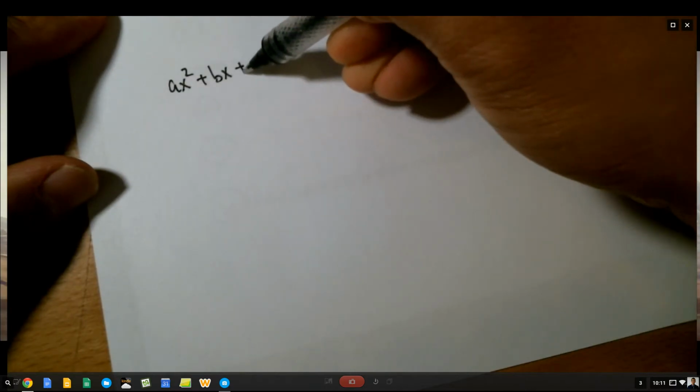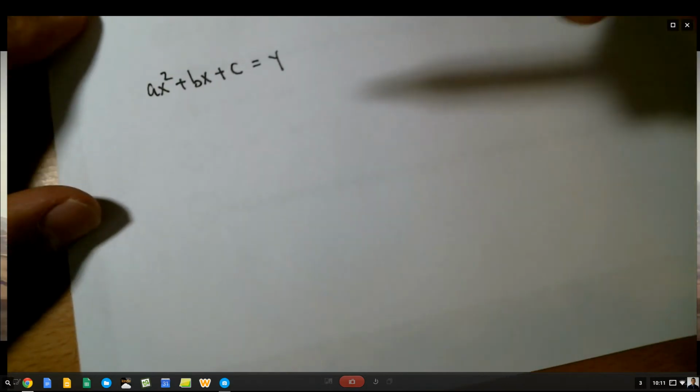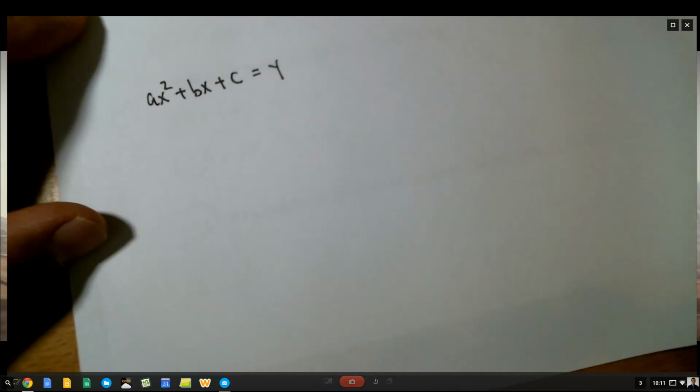So remember, what does our generic quadratic function look like? It is ax squared plus bx plus c equals y. We don't know what a, b, and c are, but we can use those points and plug into x and y and see what we can do about it.